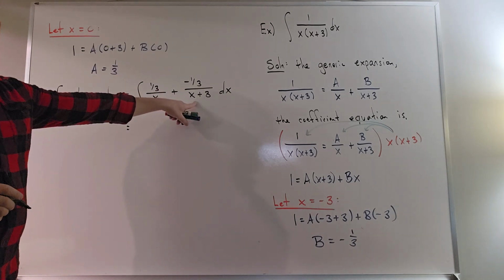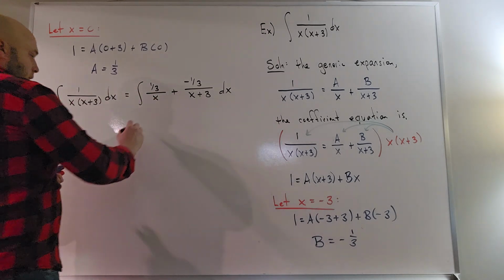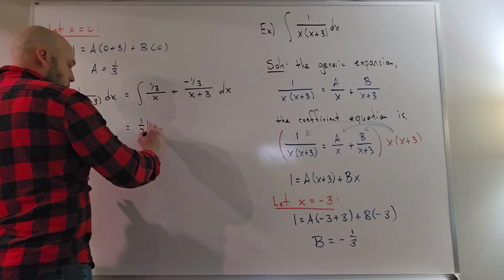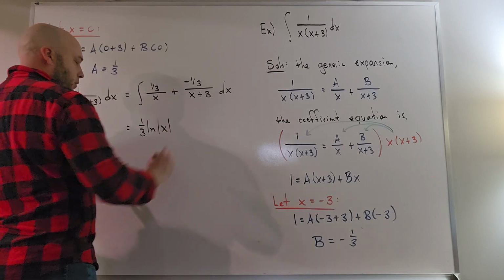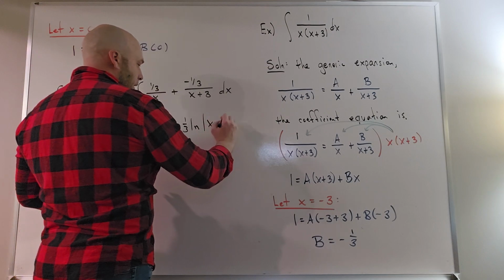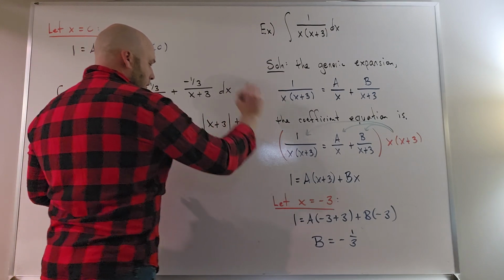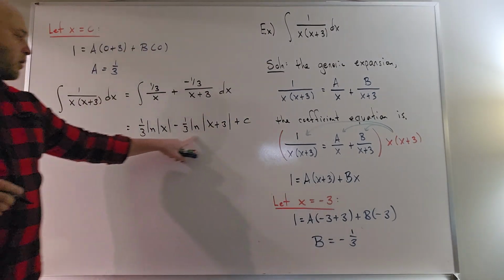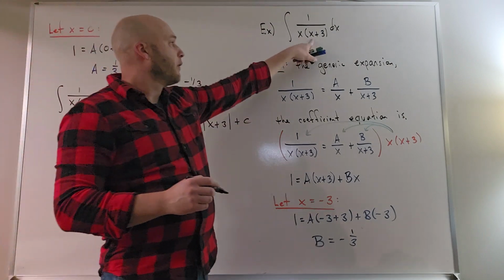And these are both easy to integrate. Okay, this would give you 1/3 natural log absolute value of x minus 1/3 natural log absolute value x plus 3 plus c. So this right here would be the antiderivative of that expression.